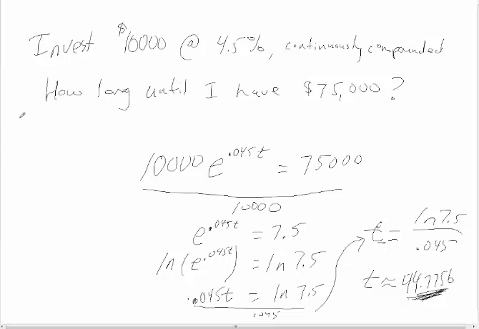How can we check this? Well, we check it simply by 10,000 e to the 0.045 times 44.7756. And that should equal roughly $75,000.